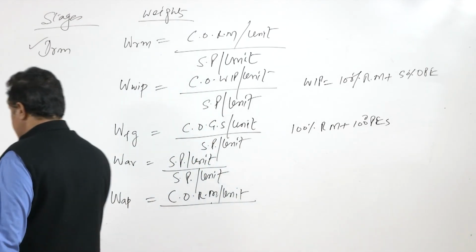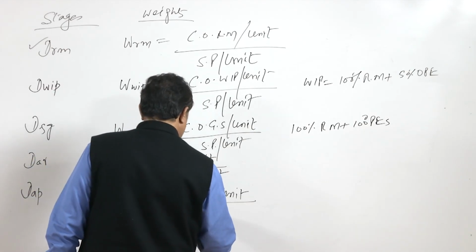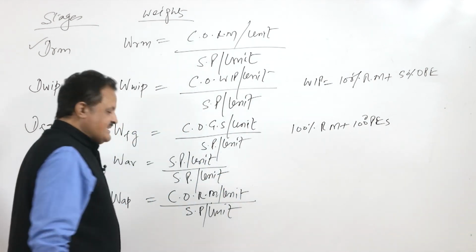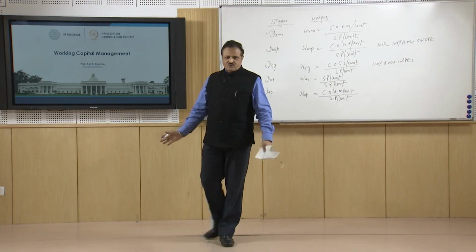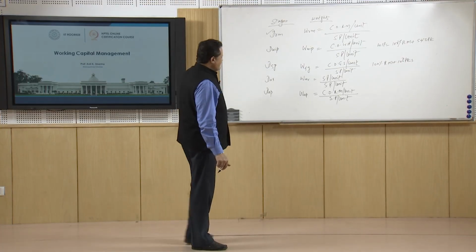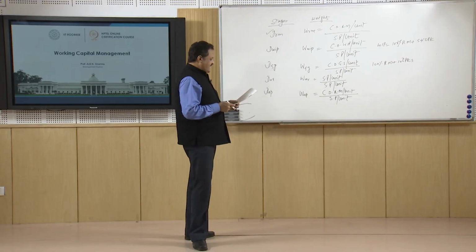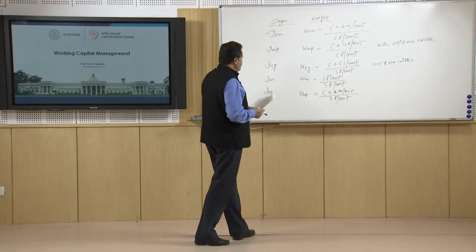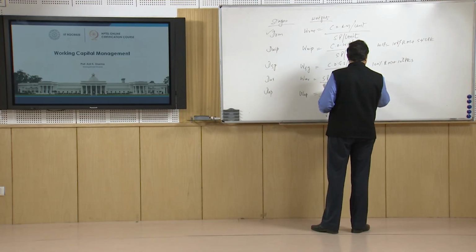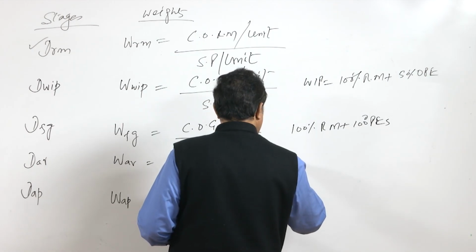It means the weight for the raw material stage, raw material duration, and for the accounts payable will be the same, and for the others proportionately the weights keep on changing, and the total weights for all the 5 durations we can calculate. So, how would we calculate the weighted operating cycle?